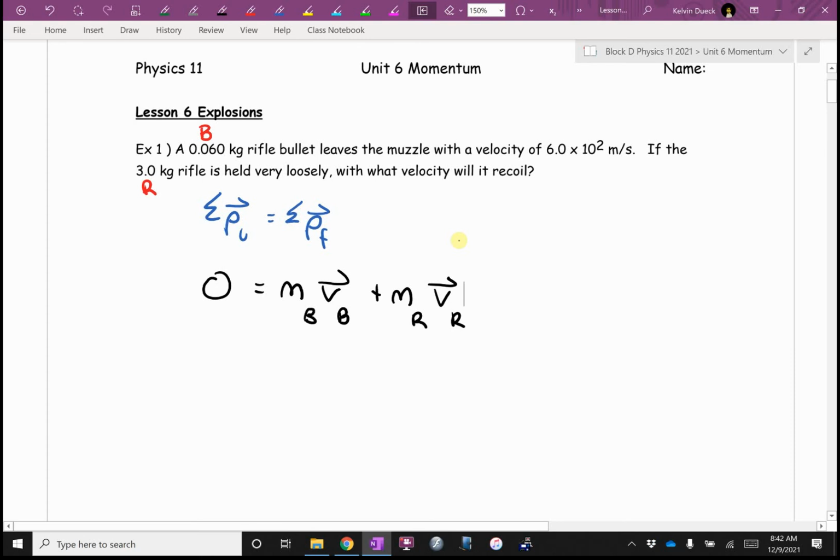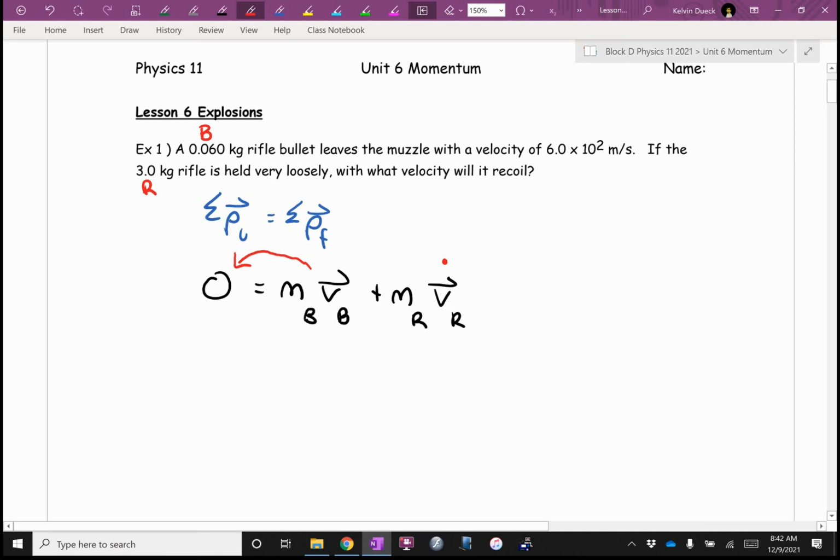What am I trying to find? VR? Yeah. How am I going to get that by itself? I guess I can move that.